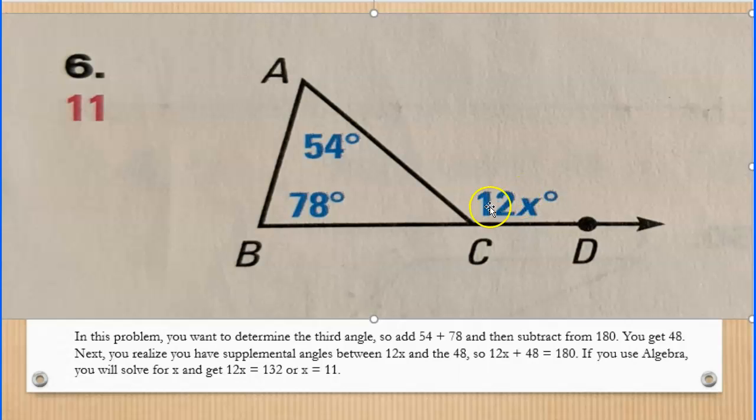Now we can say that 12x plus the 48 is going to equal 180 merely because of our definition of supplemental angles. Then if you use your algebra to solve for x, you will have 12x equals 132. That's what you get after you subtract 48 from 180, or x equals 11. So you find out that x equals 11. You'll know then what this angle is. We already know that this angle is 48.